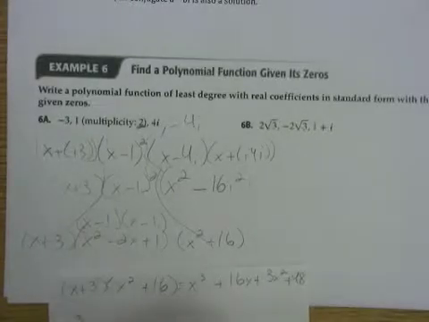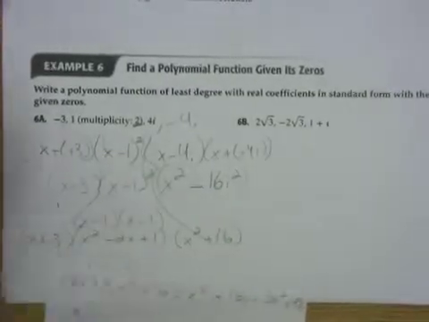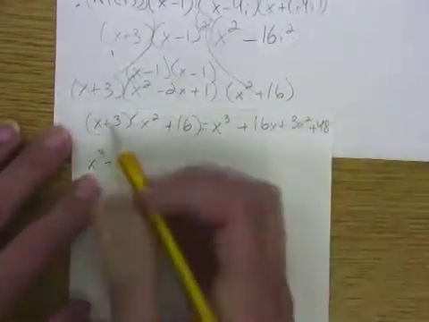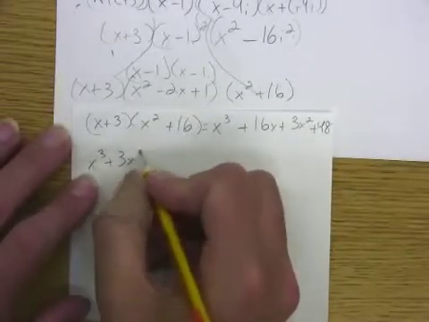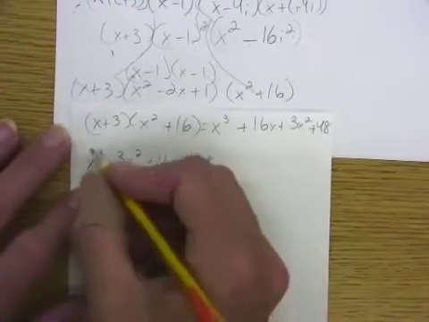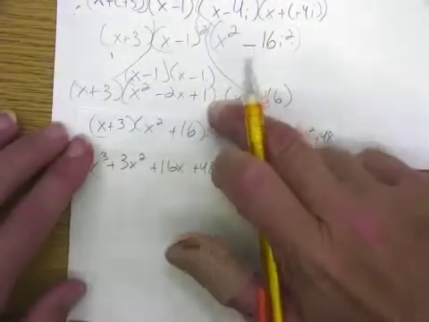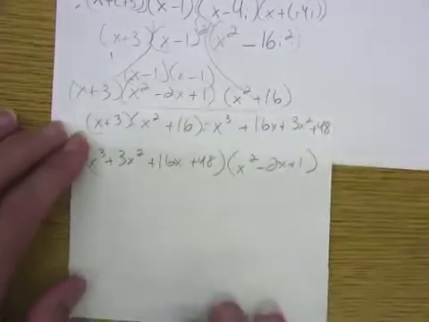And now that finally, actually let's write it in standard form, shall we? x to the third plus 3x squared plus 16x plus 48. We're going to multiply it by this one that we still have left, x squared minus 2x plus 1.